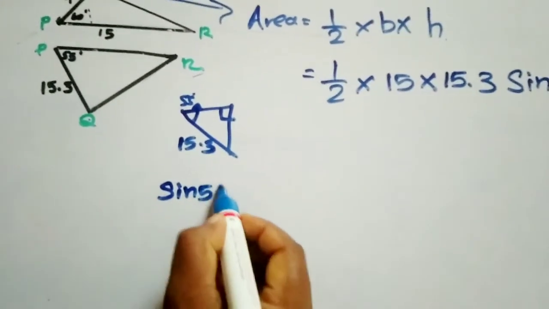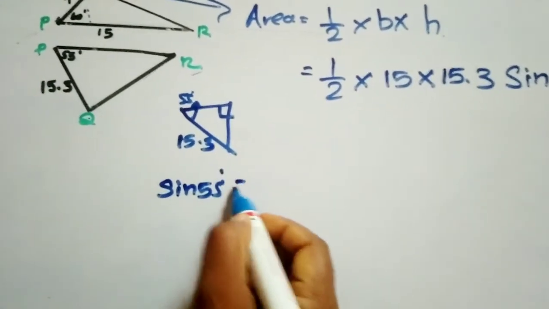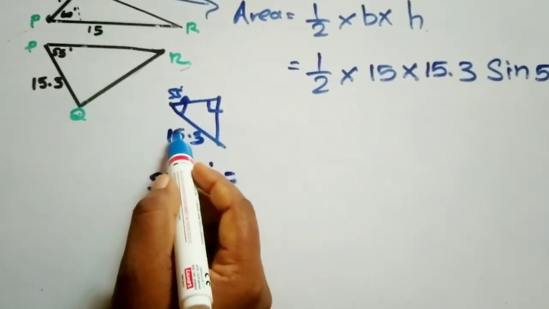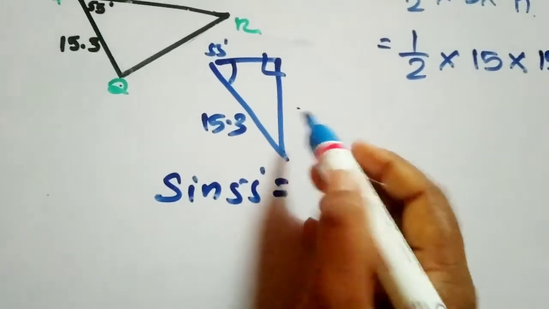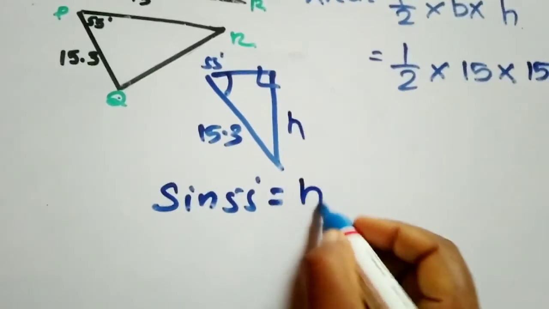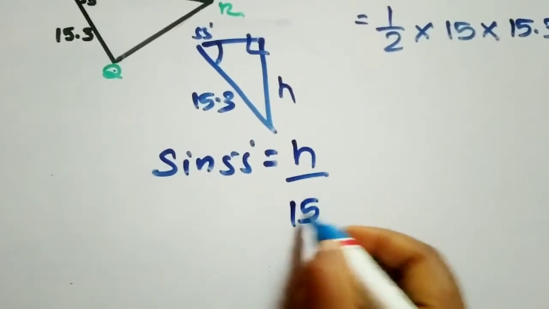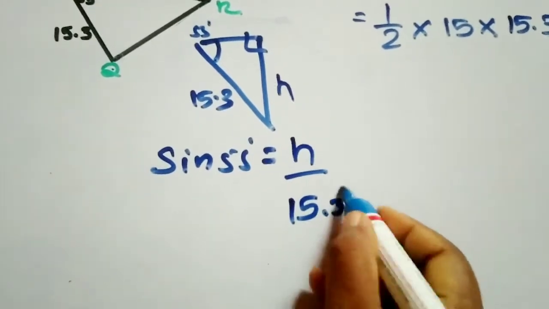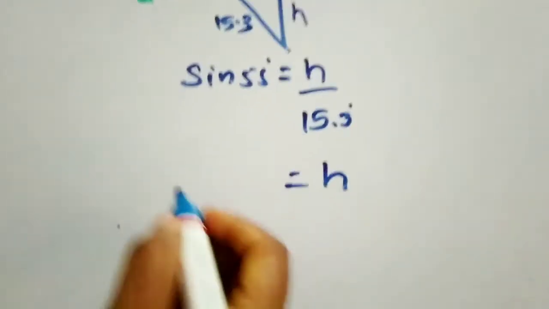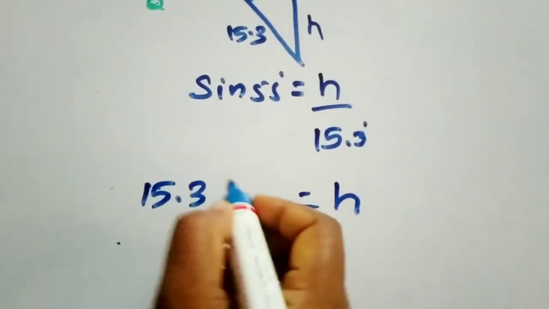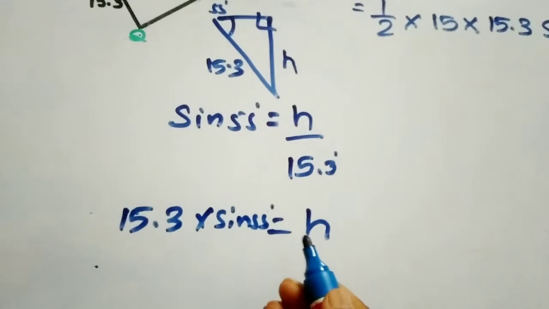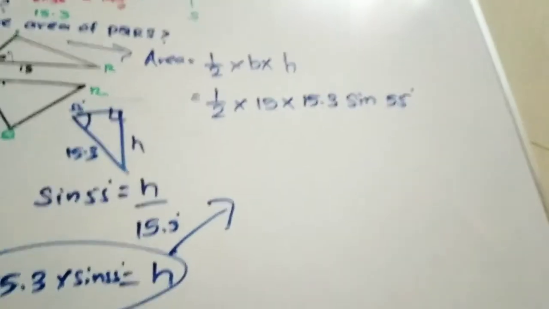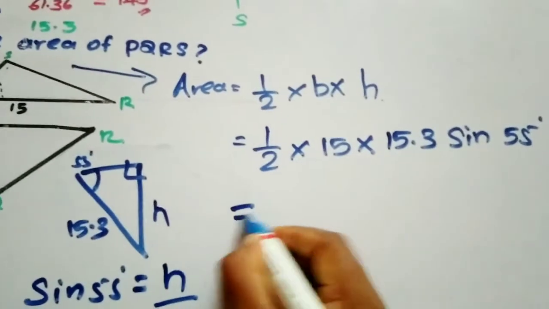So in this right angle triangle, the hypotenuse is 15.3. The angle is 55. So sine 55 is opposite over hypotenuse. Here the opposite side is h, over the hypotenuse 15.3. So h equals, by cross multiplication, 15.3 into sine 55. This is the value we are going to apply here instead of h.